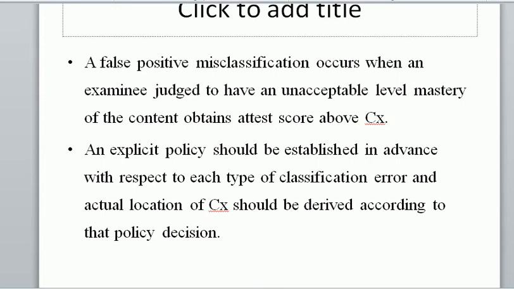For example, an open policy should be established in advance with respect to each type of classification error, and the actual location of the median should be derived according to the policy decision. So the cut score should be decided according to the policy decision or predetermined policy.